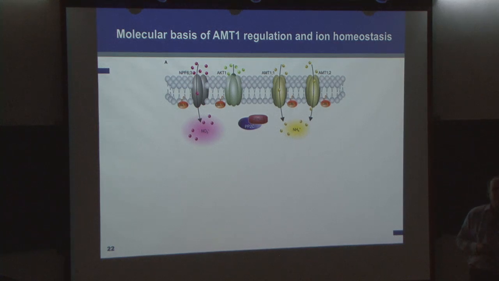But there's also a very important post-translational regulation. And this we have been investigating for many years now, and we get more and more data. And not to confuse you too much, I just show you some summary slide of this regulation.